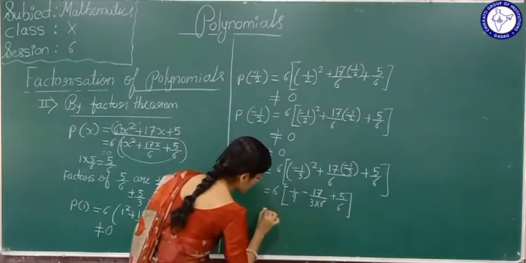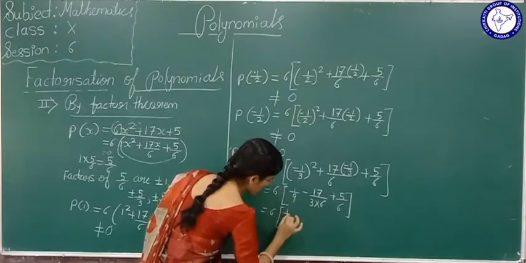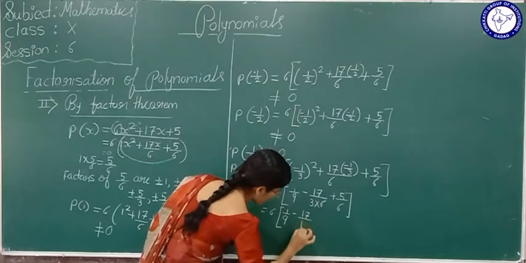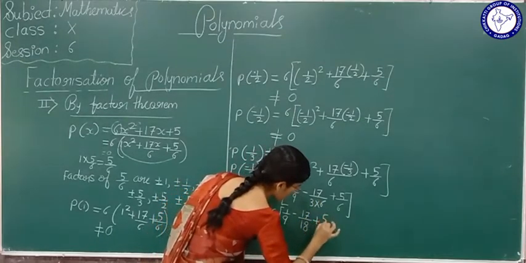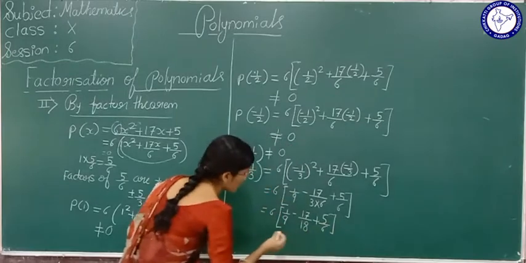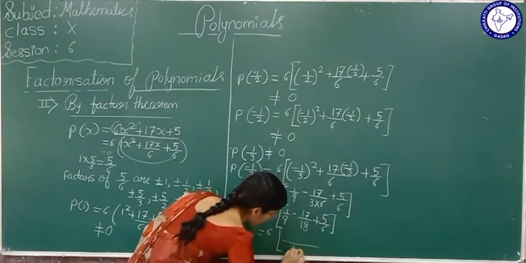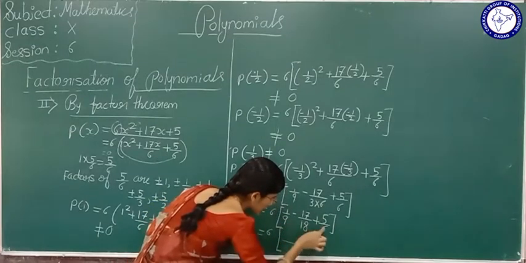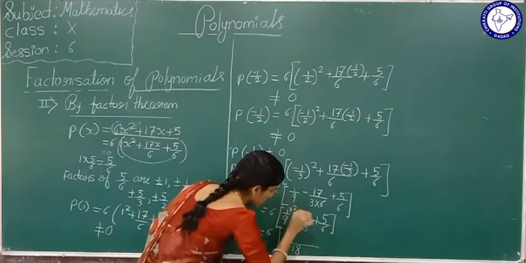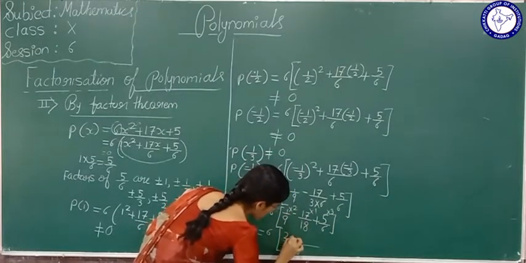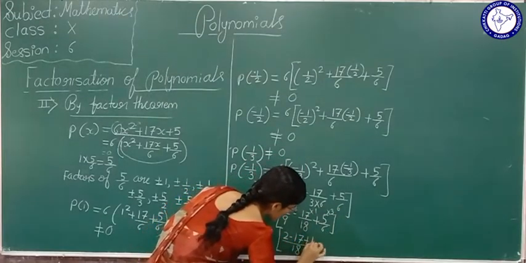Simplify this: 6 by 9 minus 17 by 18 plus 5 by 6. Now here LCM will be 18. Yes or no? What is the LCM of 9, 18 and 6? It will be 18. 9 2s are 18, 18 1s are 18, 6 3s are 18, so 6 minus 17 plus 15.